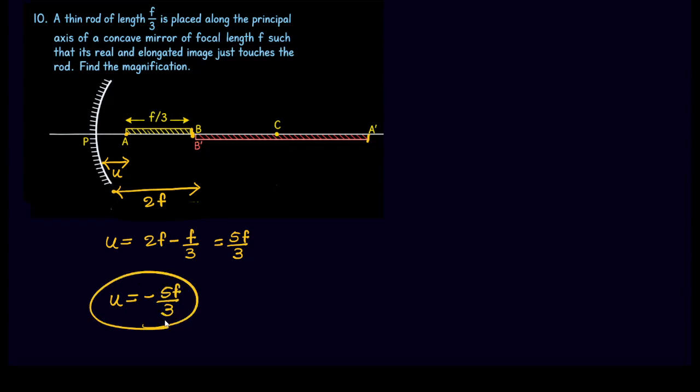Now from this, can you find the image distance? We are talking about a point. Image distance is UF by U minus F. This is a concave mirror only.